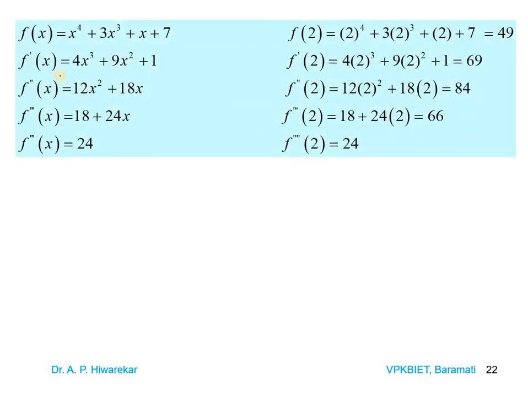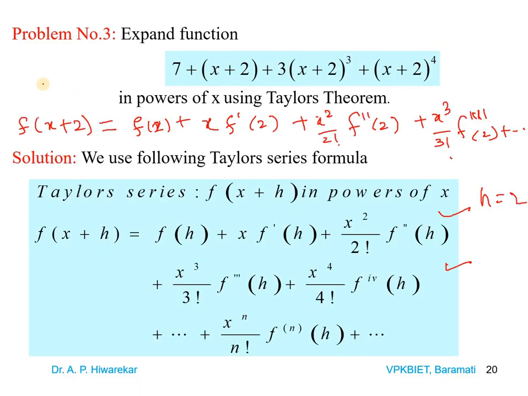So we have f of x plus 2, just see. Whatever function we have got, we write this as f of x plus 2. Then from this you write f of x. If f of x plus 2 is known, how do you find f of x? Where there is x plus 2, write down x. So it will be 7 plus x plus 3x square plus x to the power 4.